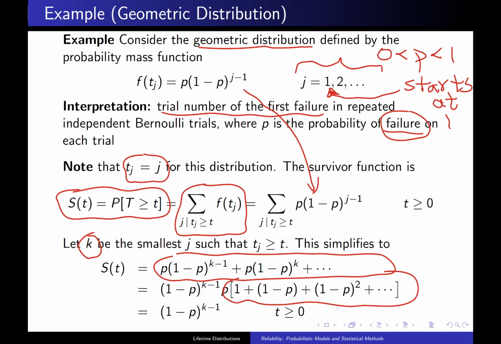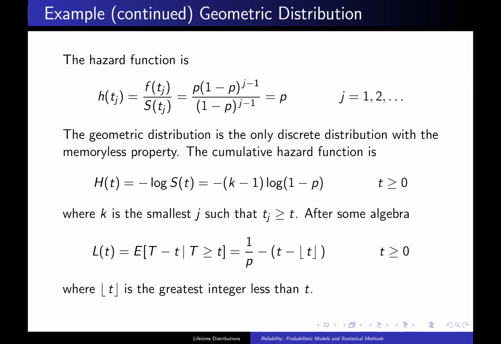The common ratio there, 1 minus p, falls between 0 and 1, so that geometric series is going to sum to 1 divided by 1 minus the common ratio, and you can see that the common ratio is 1 minus p, so that whole thing reduces to 1 over p, and the 1 over p cancels with this p right here, and we're left with this very nice looking survivor function for the geometric distribution. So we were given the probability mass function. We have found the survivor function. Let's keep going through the list.